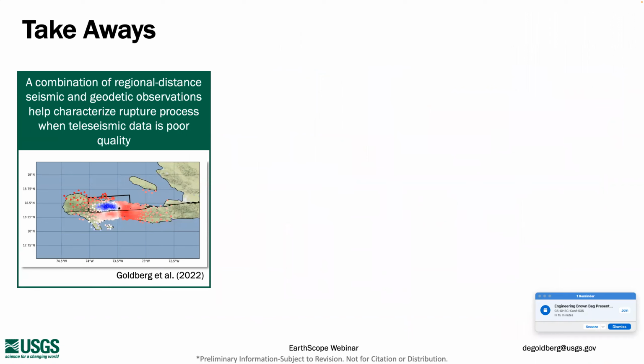We can use a combination of regional distance, seismic and geodetic observations to help characterize our rupture process when teleseismic data is poor quality.